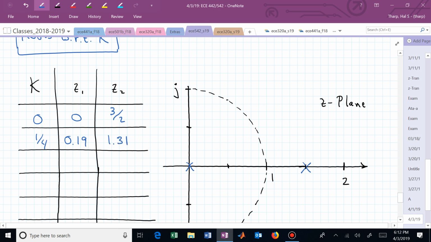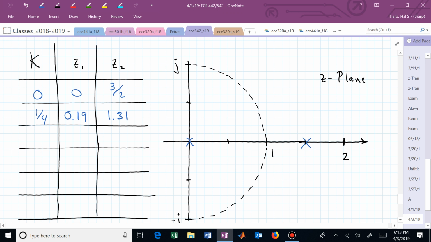Like I'm going to be able to draw that much accuracy. But let's just assume that I can. Now I am here and I am there. So this is my square. So these two poles are moving, and we already know which segments belong to the root locus. It's going to be the piece between the origin and 3/2, based on having poles and zeros to the right.